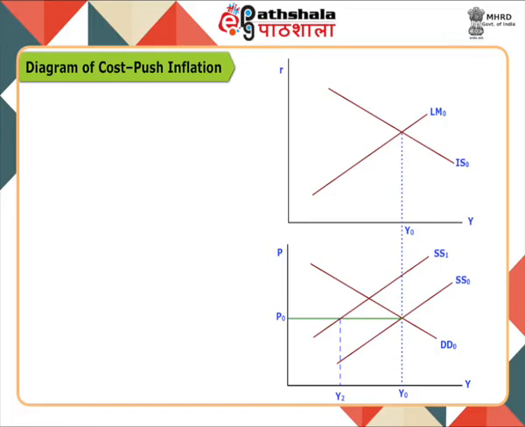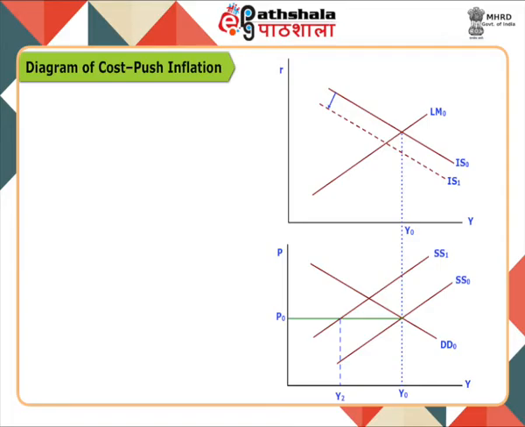Due to the increase in price level, the IS curve shall shift to the left. In the upper panel of the diagram, due to the increase in price level, the IS curve again shifts to the left, that is, from IS0 to IS1. The rise in price level would also shift the LM curve to the left.